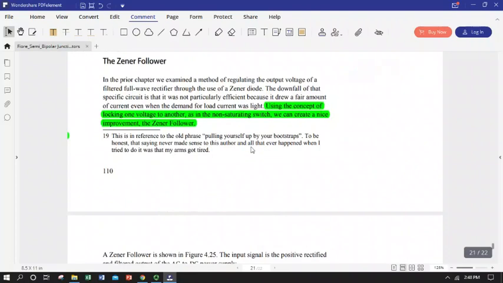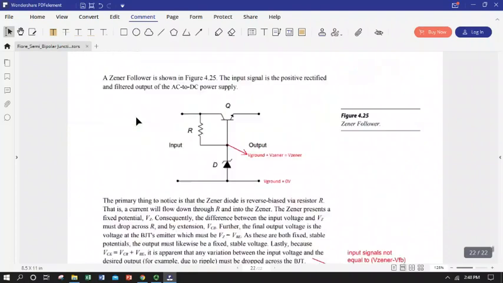And there's lots of examples of ways to do that, but one that Mr. Fiore goes through is what's known as a Zener follower. In this case, we can imagine we have the collector over here on this end, and we have a collector to emitter current flowing, and we can siphon some of that current through this resistor.